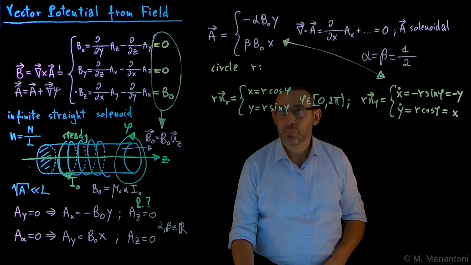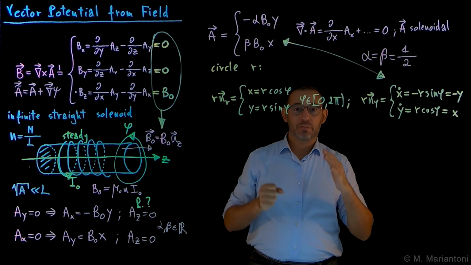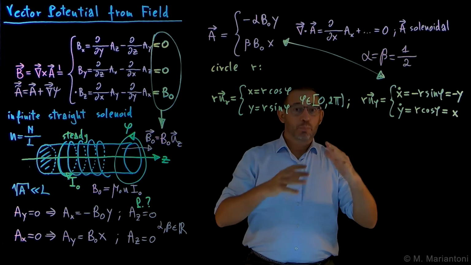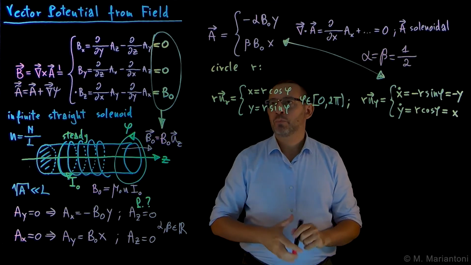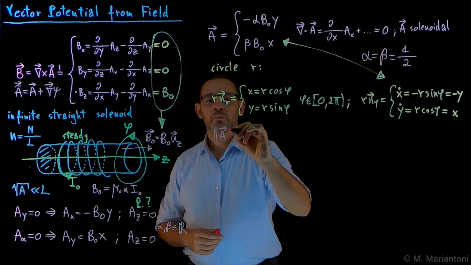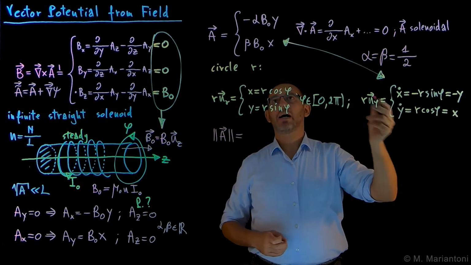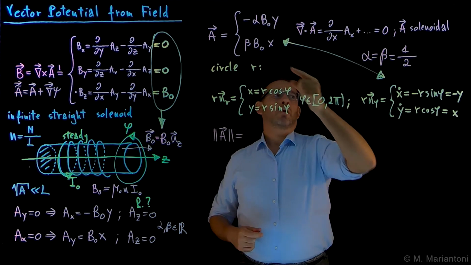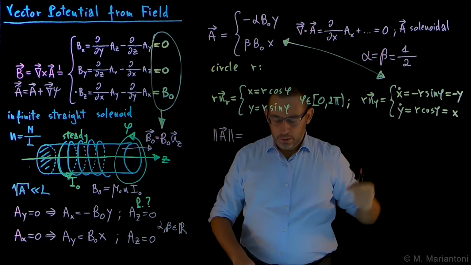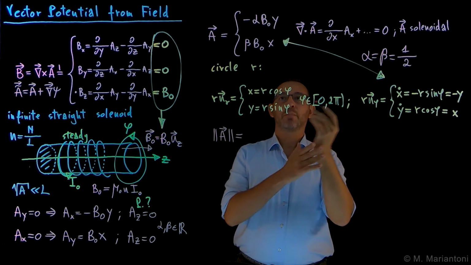All right, this kind of vector, which means A, these components are the components of a vector which is tangent at each point of a circle with radius given by the norm of the vector. And so here you do the Pythagorean theorem for alpha equal beta equal 1/2, and so clearly you end up having b naught squared over 4 times y squared plus b naught squared over 4 times x squared.